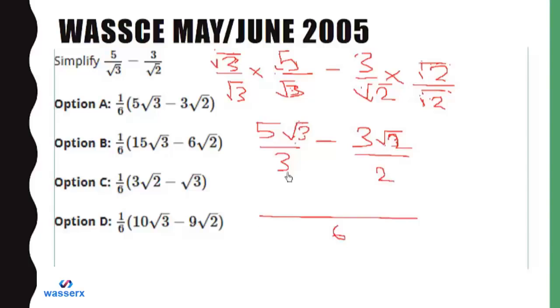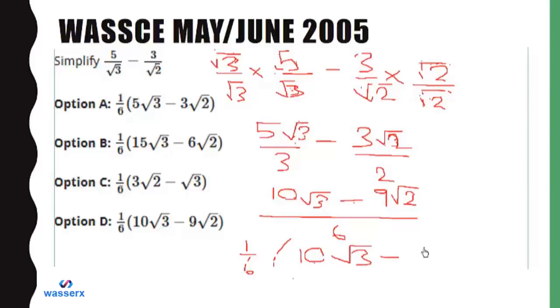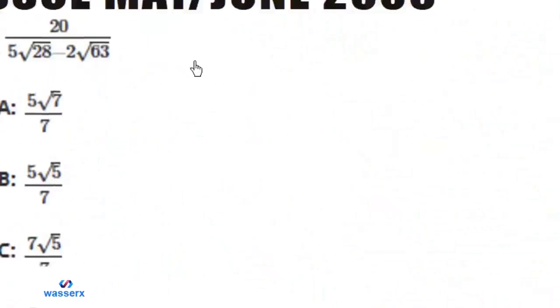Then we collect our LCM to be 6. 2 times 5 will give us 10 root 3, then 3 times 3 will give us 9 root 2. Now we simplify to obtain 1 over 6 times 10 root 3 minus 9 root 2. So the correct answer is D.